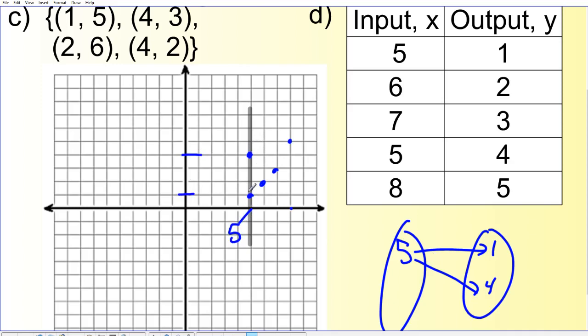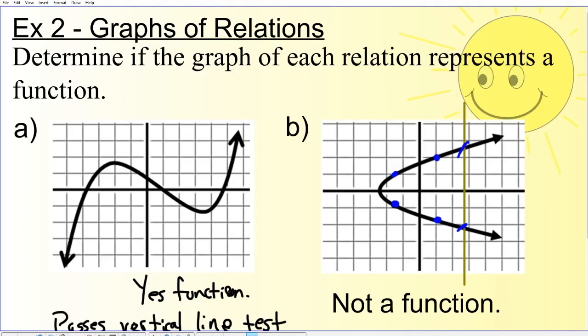One input, the input of 5 in the x-coordinate, had two different outputs. Not a function. Okay? So I'm trying to just make the connection between what we were doing with our tables and this input-output diagram and our vertical line test. They really are the same thing. It's the same rule. It's checking for, does each x value have only one y value? Here, letter D, or letter B while I'm looking at it. If I pick an x value, a point on my x-axis, I pick this point right here.